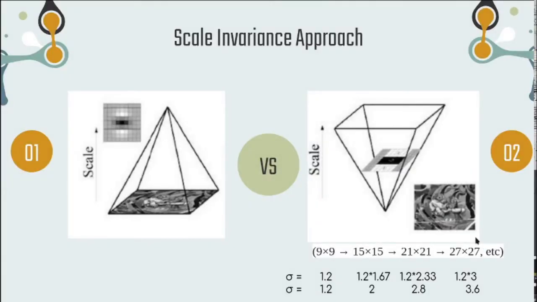Now coming to the scale invariance approach, for finding the key points, we generally convolve the filter with different subsampled images and then do non-maximal suppression in the final step to remove the unnecessary key points. There is a small disadvantage here.